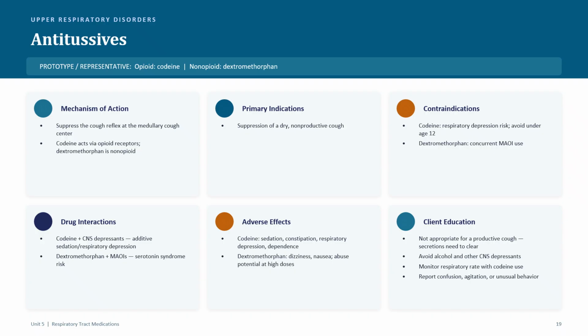Codeine, because it's an opioid, is already going to depress the respiratory center, so giving something else that causes that same depression is going to increase the risk of respiratory depression. And dextromethorphan with an MAOI specifically raises serotonin syndrome risk. So when you're doing your medication reconciliation, it is definitely important to check before recommending this medication.